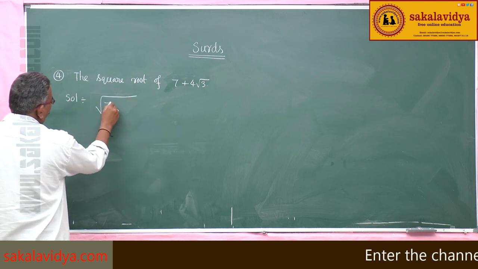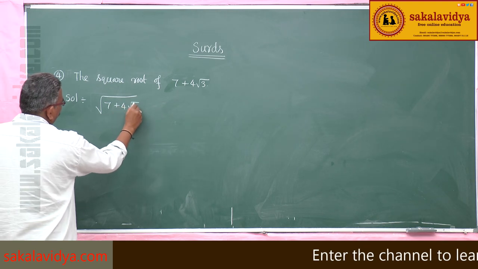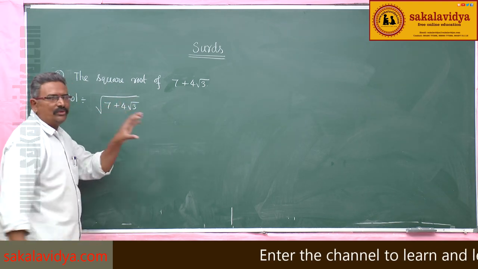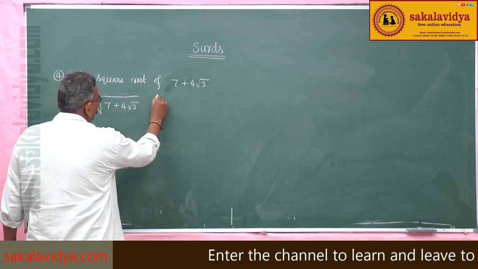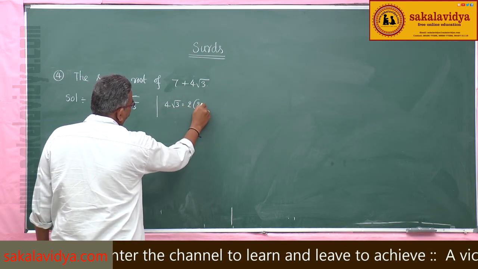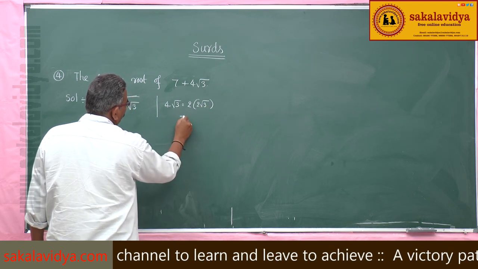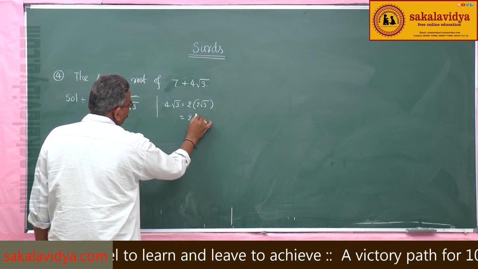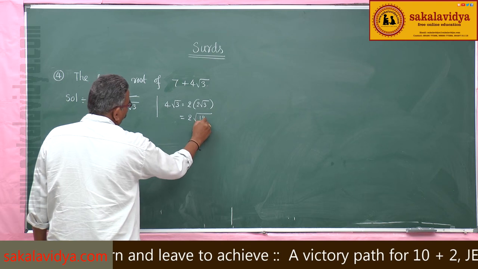First we have to change this 4 root 3. This 4 root 3 can be written as 2 times 2 root 3, which is 2 times root of 4 into 3, that is root 12.